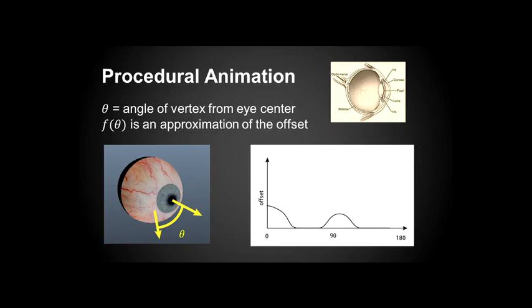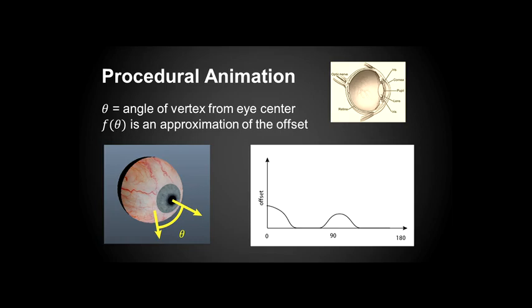Which means if you look at this little graph, if the vertex happens to be exactly in front of the iris, it would be displaced by a large amount because it is exactly where you have the bump. And as you move away from the center, the bump diminishes, and then it's zero in the part of the eyeball that is perfectly spherical, or a good approximation of a sphere.